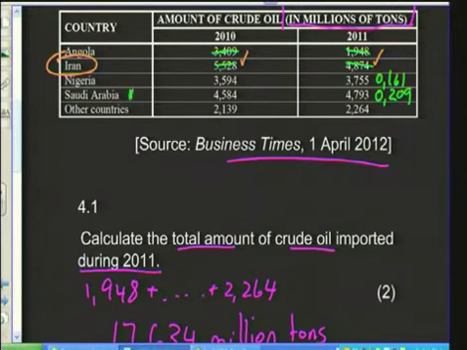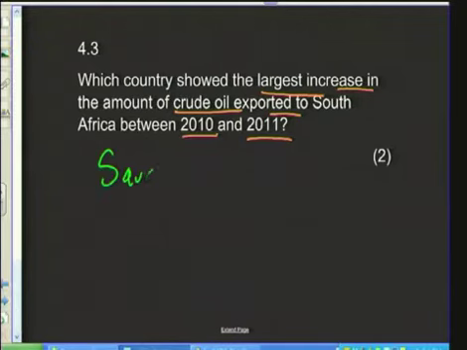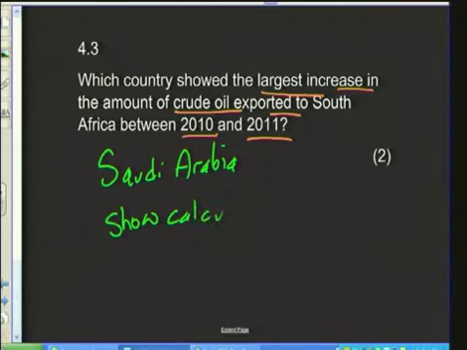So quite easily I can see that it is Saudi Arabia. But in your exam, you would actually show all calculations, unless you want to explain to the examiner that you can see that it is not enough. So this answer was Saudi Arabia, and you're going to show all the calculations here.